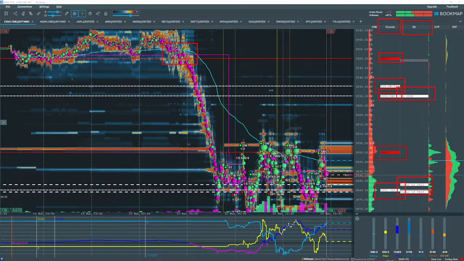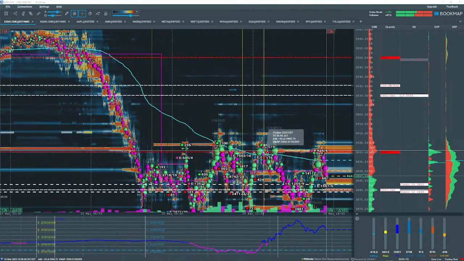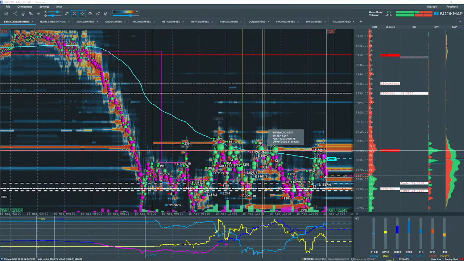So those are the levels in play. And I guess the most important thing to note on this chart is the drop around 5 a.m. Eastern time. And then again, so far this 3850 SPX, 3850 appears to be holding as support. And we'll talk about this more when we go over setups.